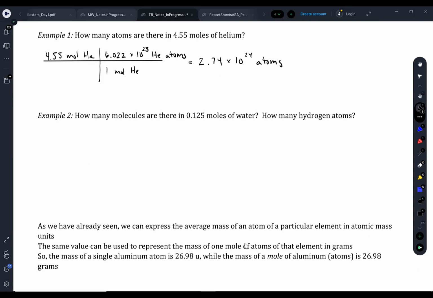Example 2, I'm going to break into 2 parts. So I'm going to have part A. How many molecules are there in 0.125 moles of water? And part B. How many hydrogen atoms are there?